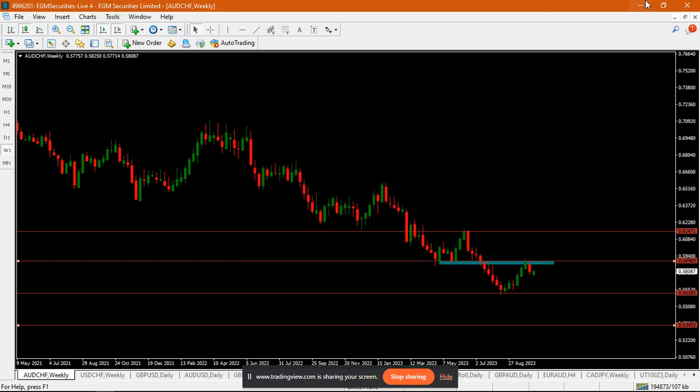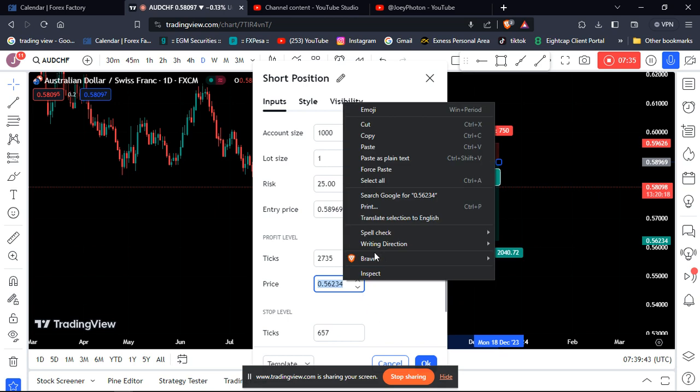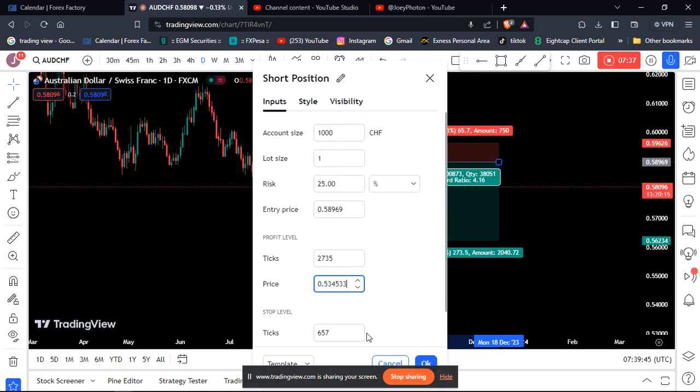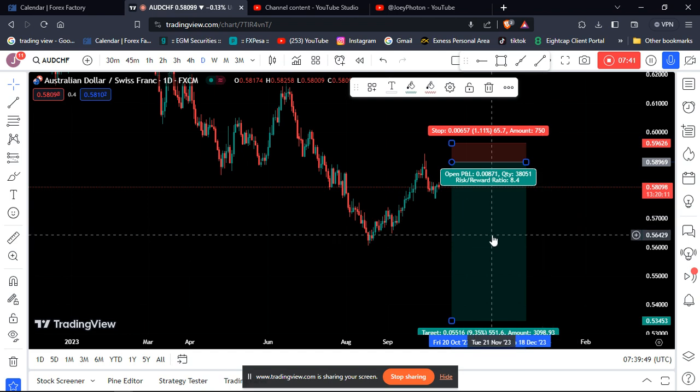Here we go. Take profit. Yes. There we go. 8.4. So that's a very good risk to reward ratio, guys. That's a very good risk to reward ratio. And that's the trade idea on AUDCHF and a little bit of how I do my analysis.